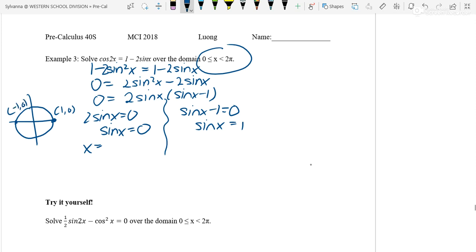And that occurs at 0 and at pi. Sine is 1 only when we're over here at 0, 1. And that's at pi over 2. So that means x is equal to 0, pi over 2, and pi. And then we're done. That's it.